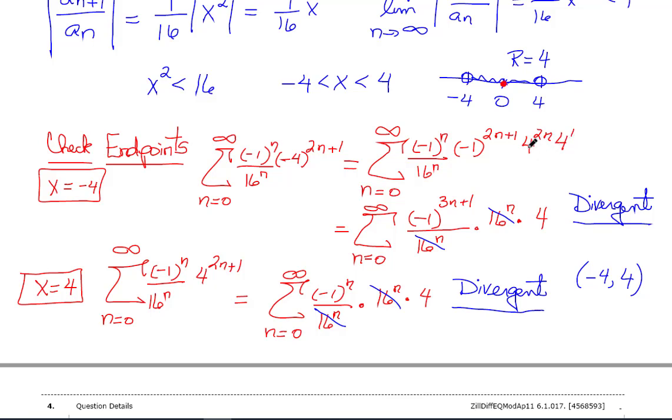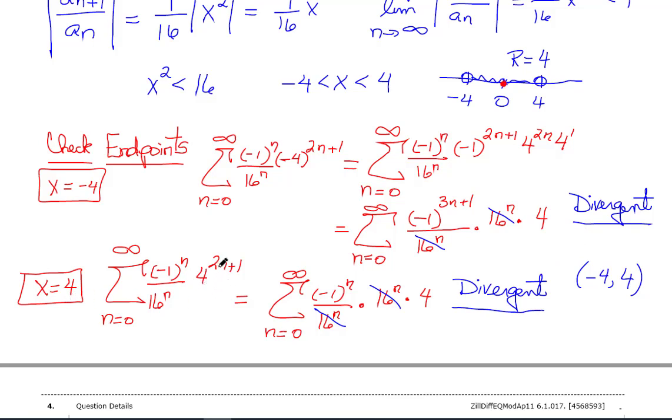Well, 4 to the 2n is 4 squared to the n, so those cancel. The -1's I've got here, and here's a 4. So I'm adding up things with lots of 4's in it. Clearly that is divergent.